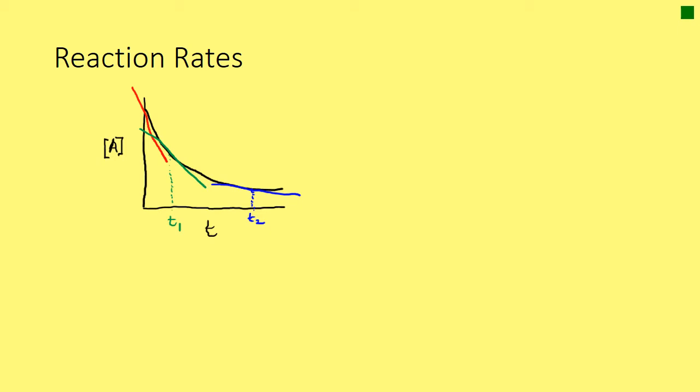Similarly, further along, you could take the reaction at this point in time, let's call that T2, and if you drew a tangent at that point, that tangent would give you the change in concentration over time, therefore the reaction rate at this point in time, T2.